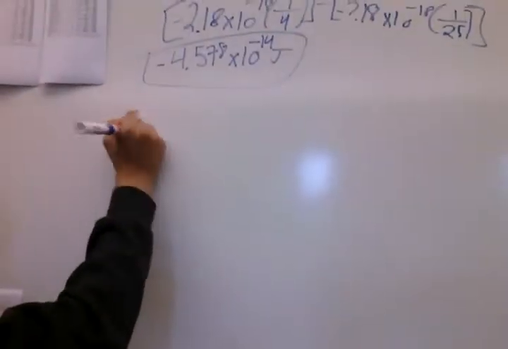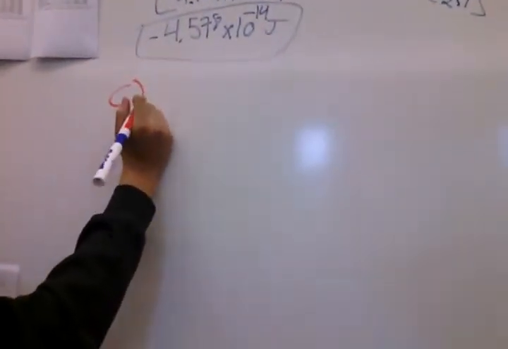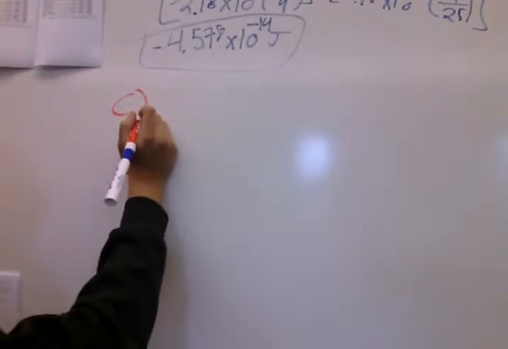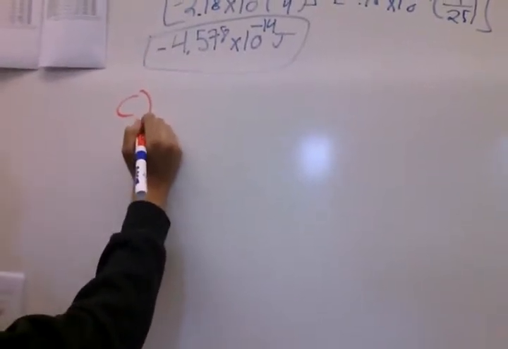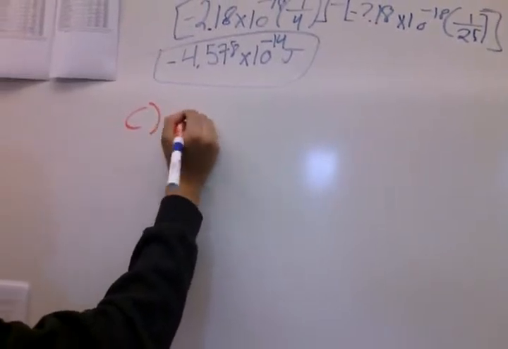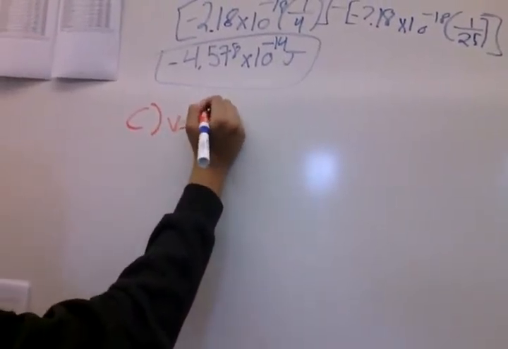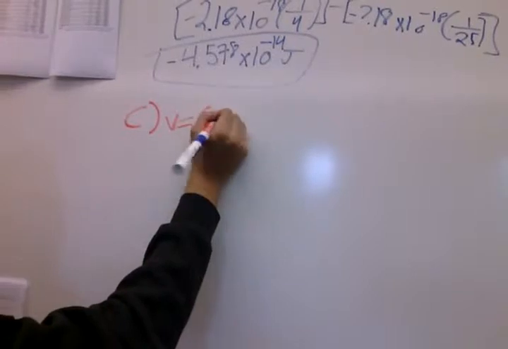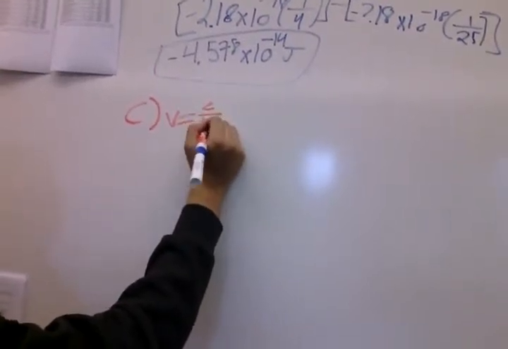So once we find the energy of the photon, now we have to find the frequency of the photon. To do that, we have to use the frequency equation, which is nu equals c over lambda.